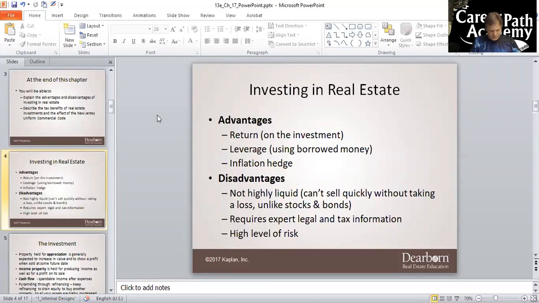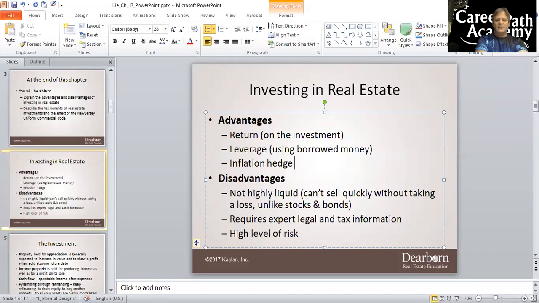Let me see. Leverage. Let's see where they're talking about leverage. Cash flow. Yep, leverage. It's at the top of the page. And then return. Yes. Yeah, they're talking about the property inflation hedge.